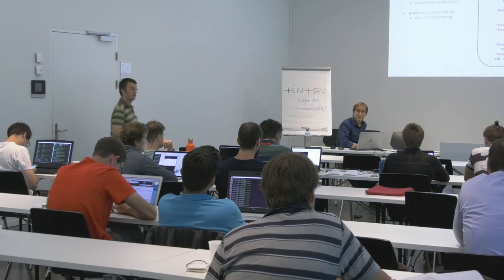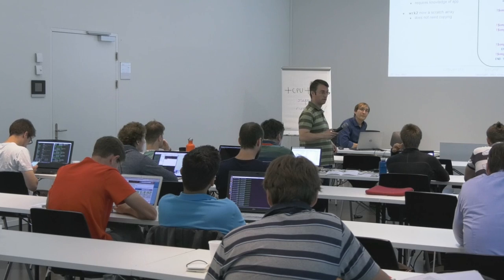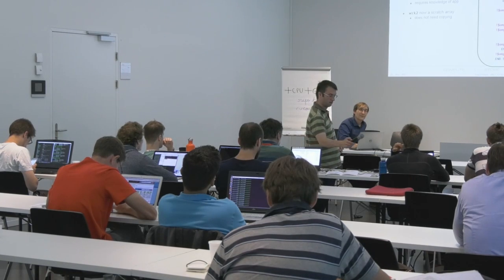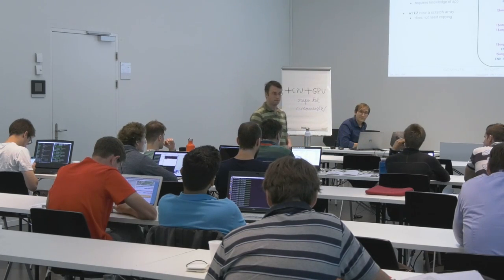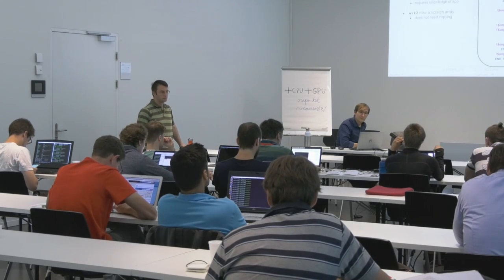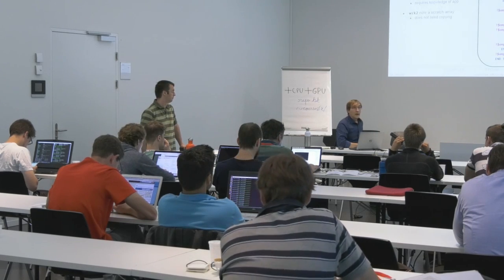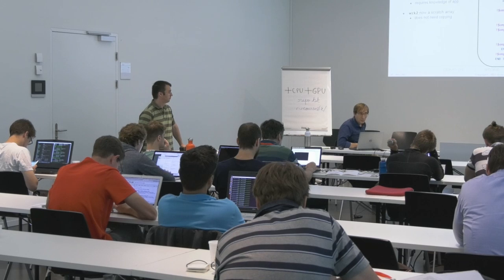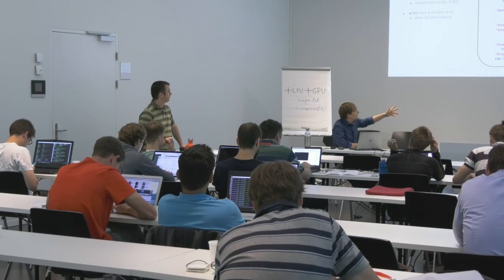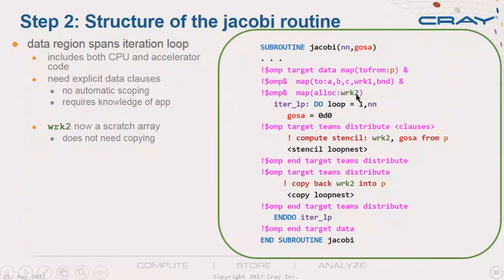From the 5 lines that we first wrote in the first place, I can delete the last line, map from work 2, since we put it in the upper part. Anyways, you could delete all of the data scoping you now do in the data region. They are not necessary to do here anymore.